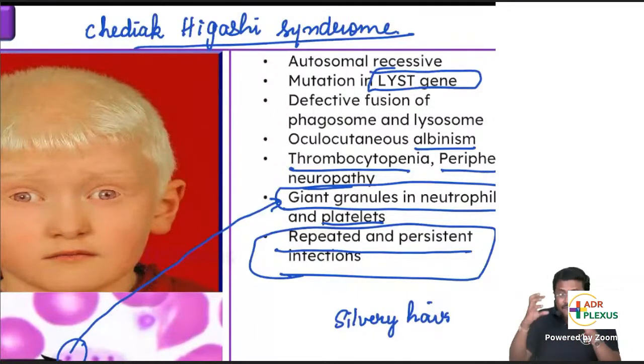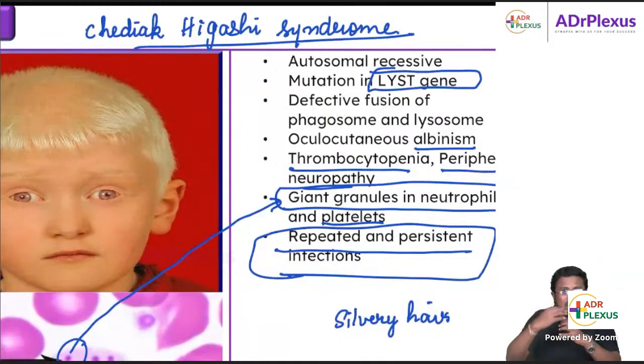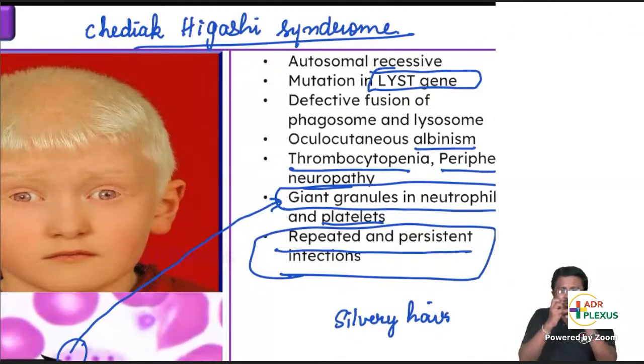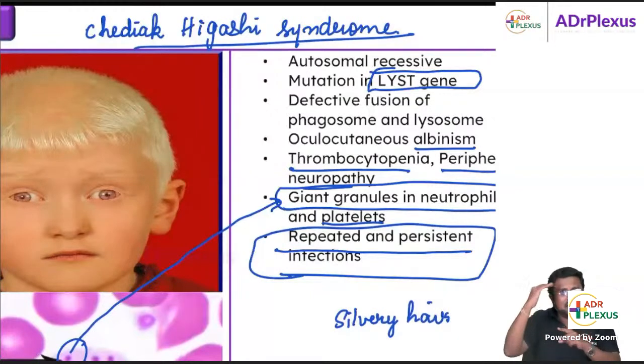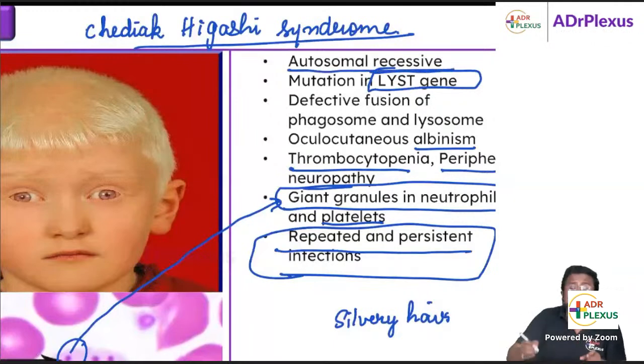That fusion will not be there. Defective fusion of phagosome and lysosome will be there in case of Chediak-Higashi. So those abnormal phagolysosomes, those fused products, will appear as the giant granules in neutrophils and in platelets. Remember, the inheritance of Chediak-Higashi syndrome is autosomal recessive.